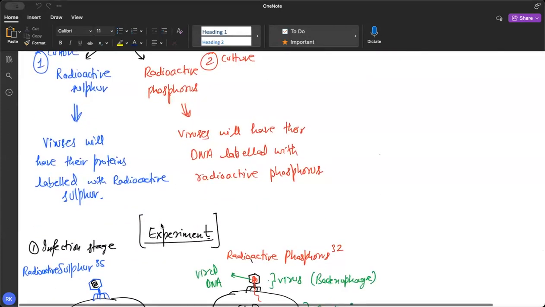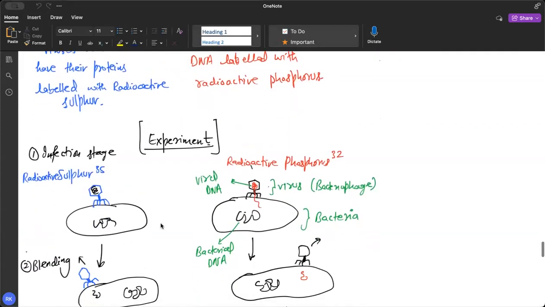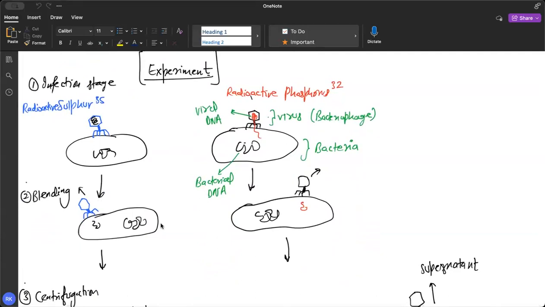And then after the infection, they did centrifugation and separated the viral particles from the bacteria. By this time, if the infection stage has happened properly, the virus must have successfully sent the genetic material inside the bacteria.